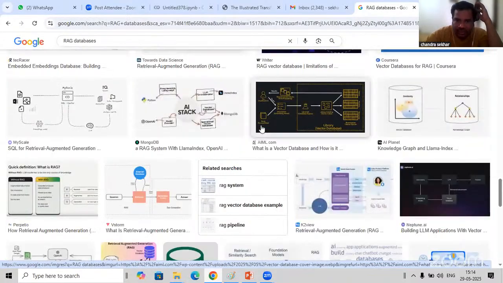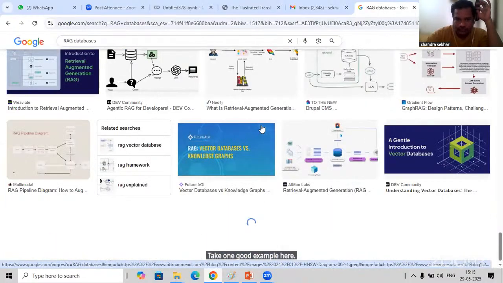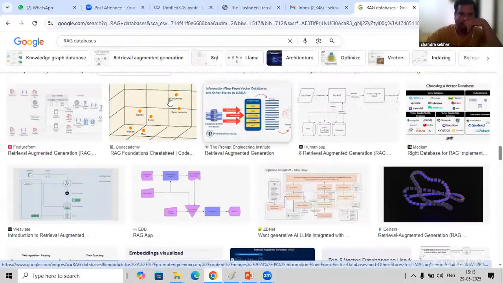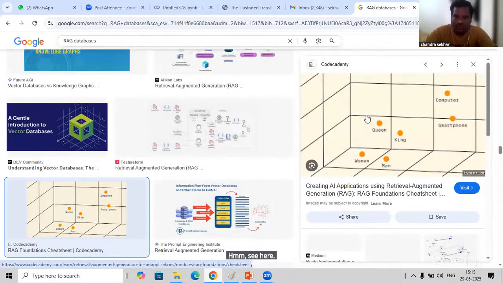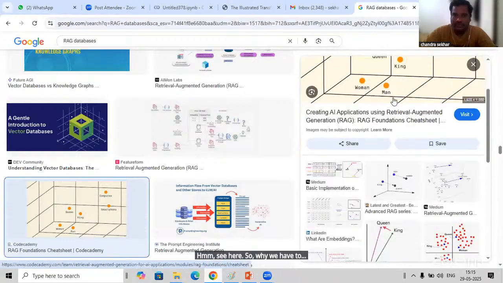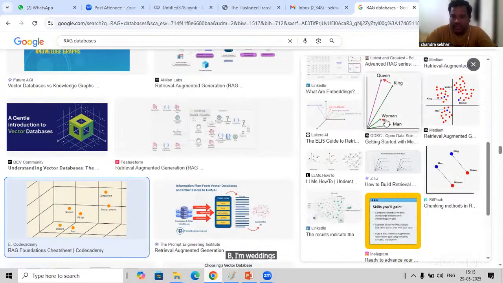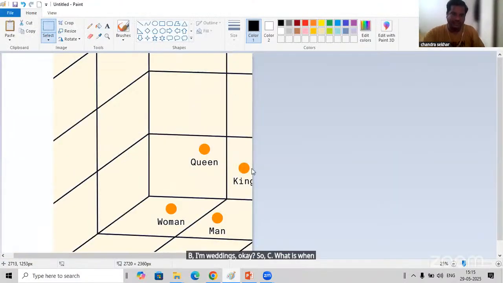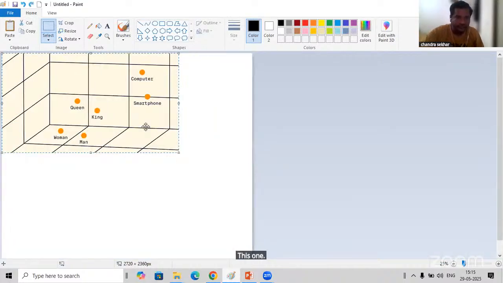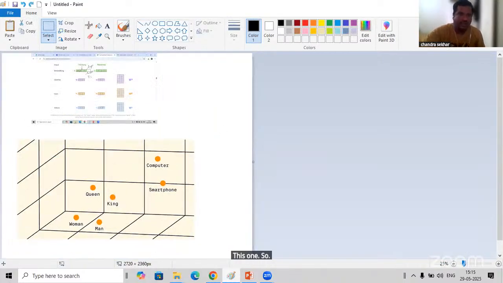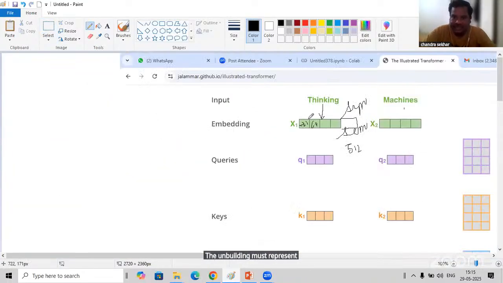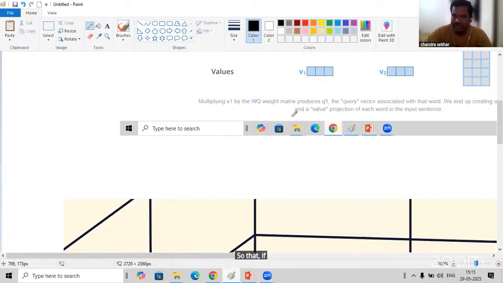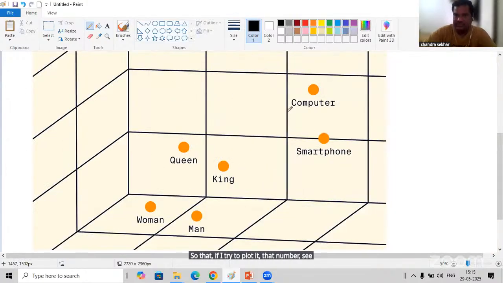Let me take one good example here. Why do we have to compute the embeddings? That embedding must represent the syntactic and semantic meaning of that particular word. So that if I try to plot it, I can achieve this.